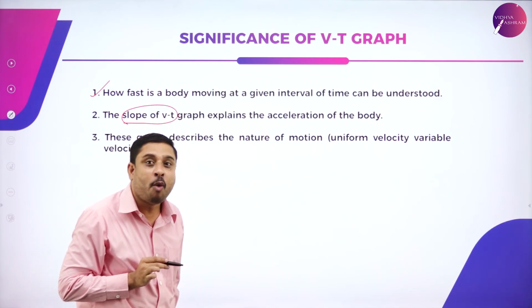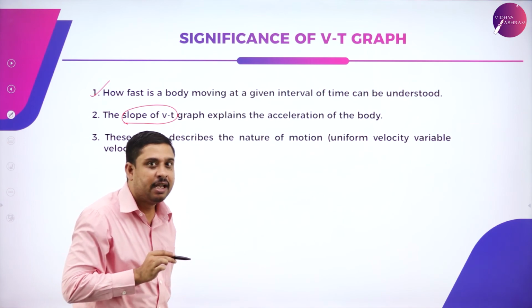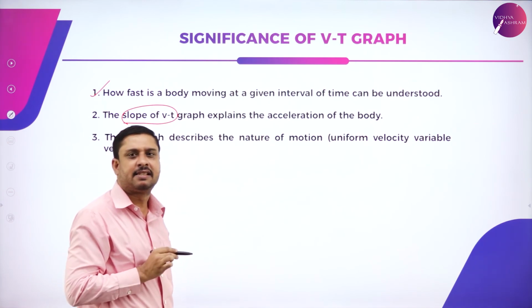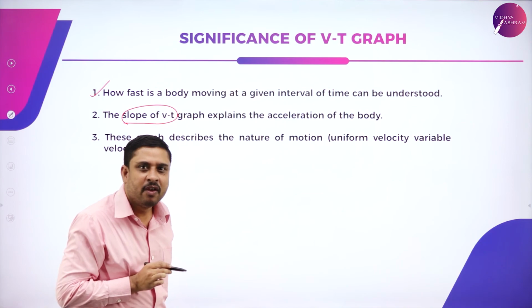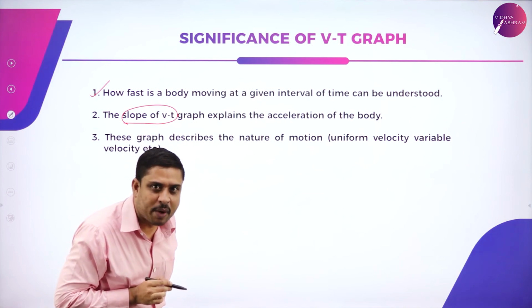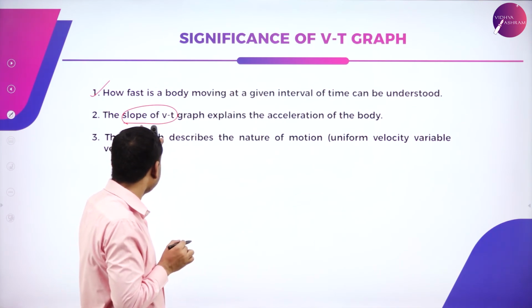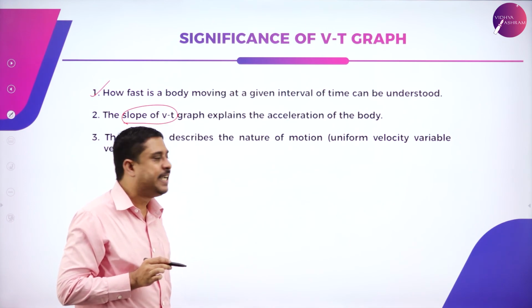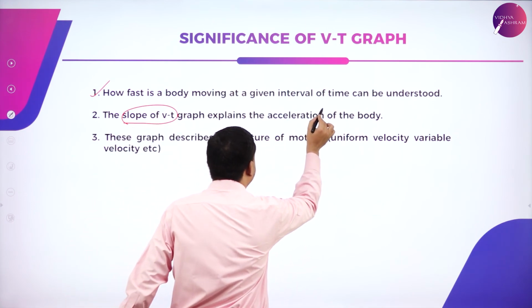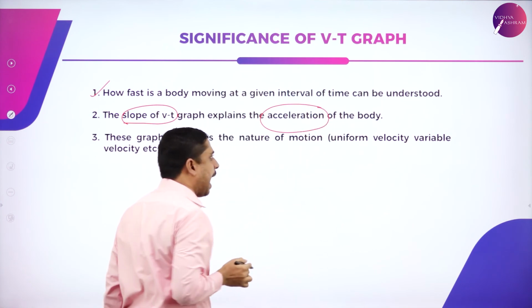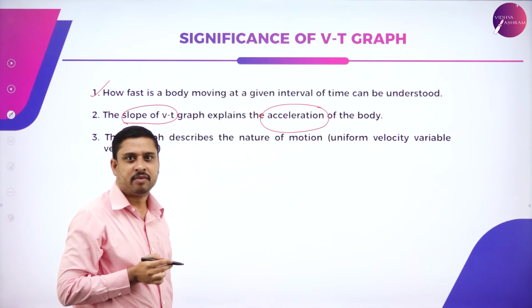The slope of the VT graph, I take it up very seriously, in depth, when I start deriving equations of motion. The slope of the VT graph explains the acceleration of the body.